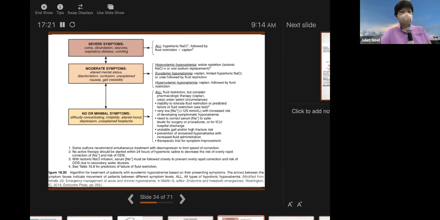Very low sodium, which would mean when your sodium is already 125, even if there are no symptoms, you have to watch out, no, because the patient is at risk to develop symptomatic hyponatremia. So you need to correct that sodium to a safer level. So what is safer? Bring it up to 130. So that's safer now.